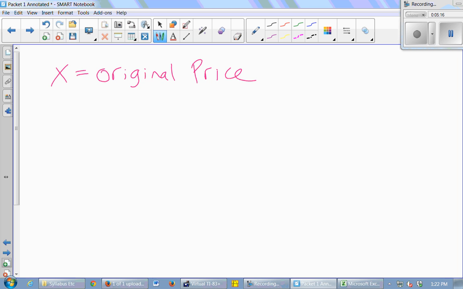Is that the new price or the discount? That's the discount. So I have to take the original price, subtract 40% of the original price, and what do I get? 276. I get the sale price. What's 1x minus 0.4x? 0.6x.